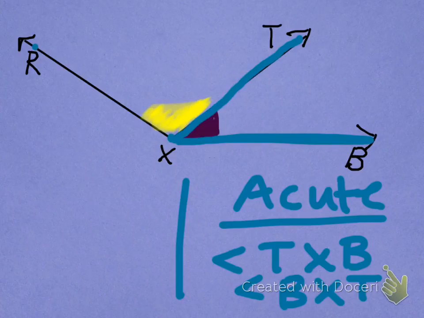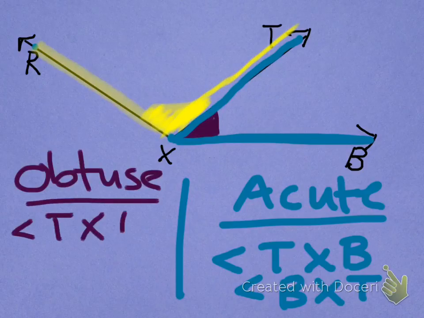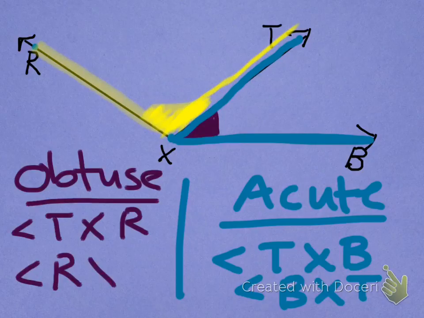I see it could also start at T, go down to X, and then extend out to R. Let's write that one down. I got the obtuse angle, my little angle symbol, T, X, R, or R, X, T. All right, there you go.